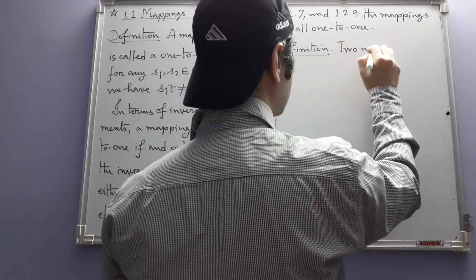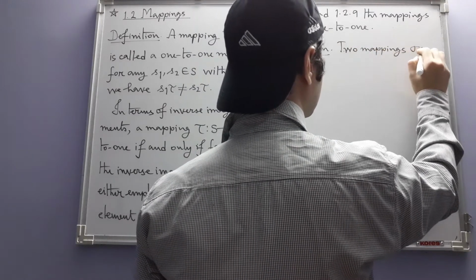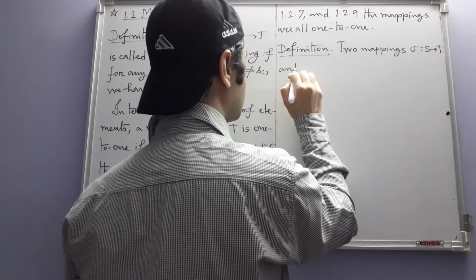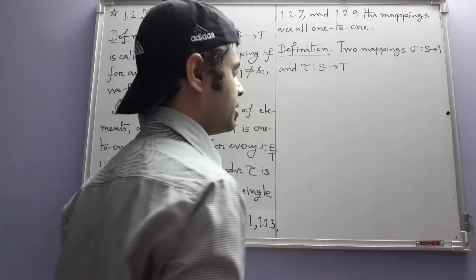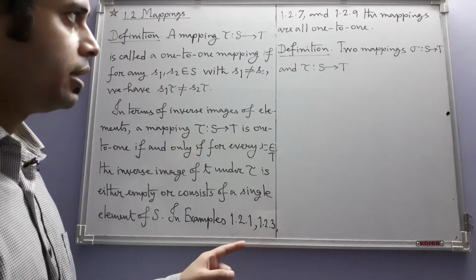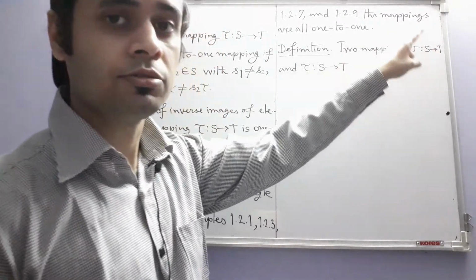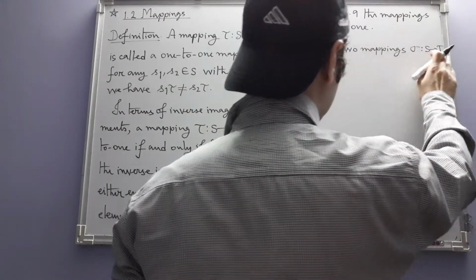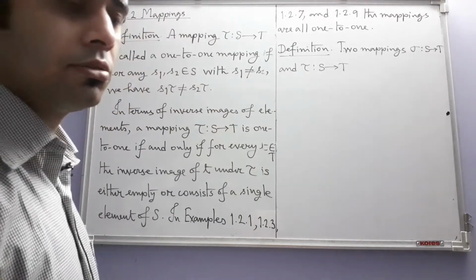Two mappings sigma from S to T and tau from S to T. Note that for equality they should map the same set into the same set. Okay, that is the first condition. These sets should be identical, otherwise we cannot talk about equality.